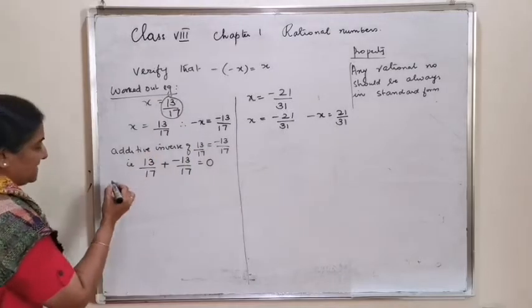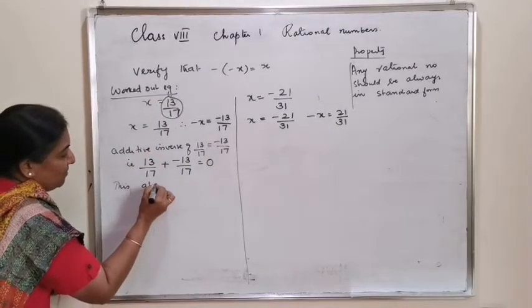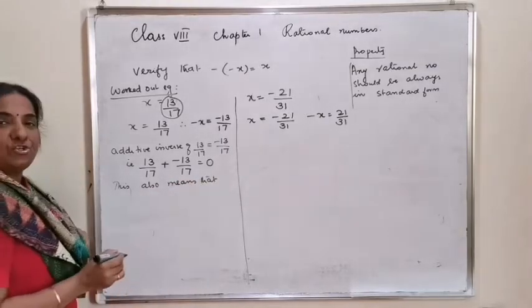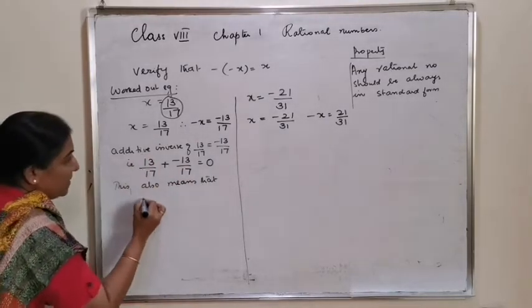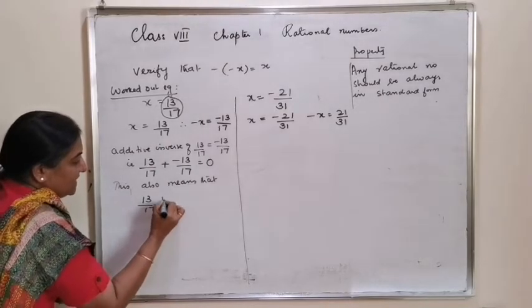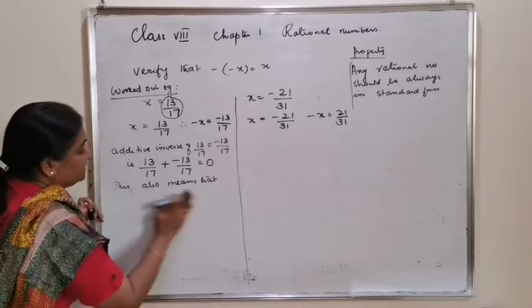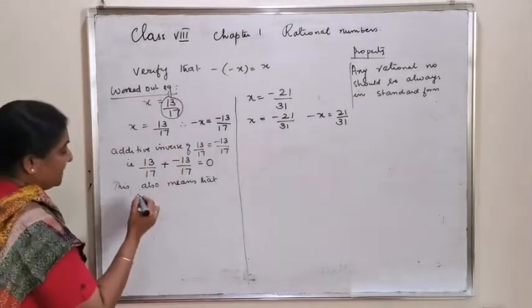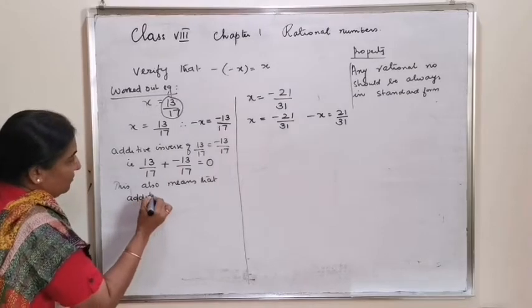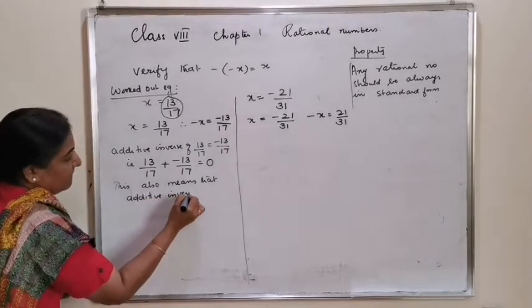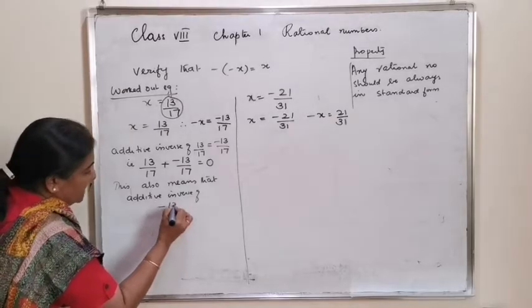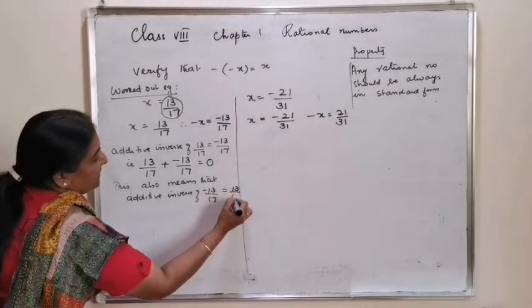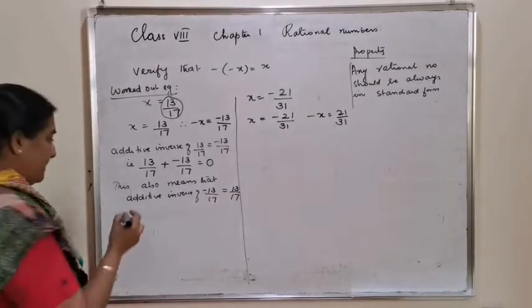So this also means that the additive inverse of minus 13 by 17 is equal to positive 13 by 17.